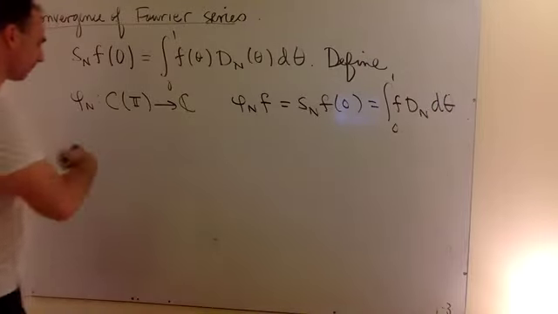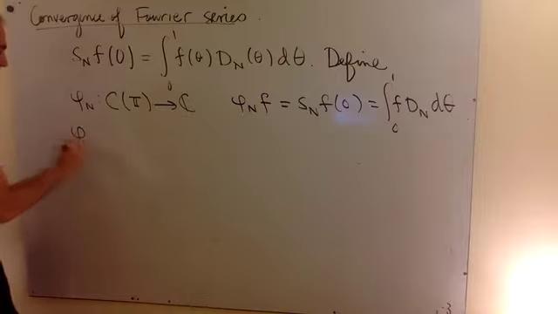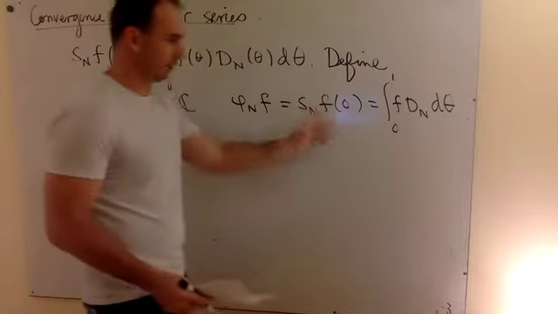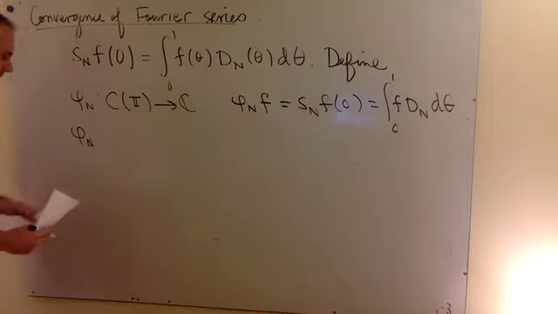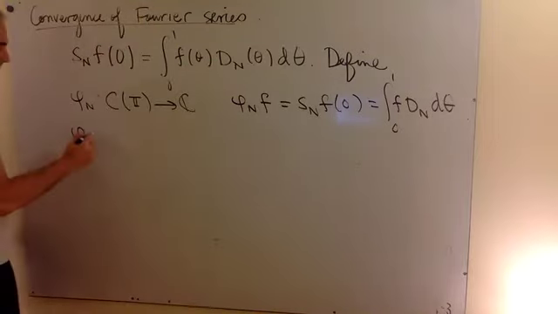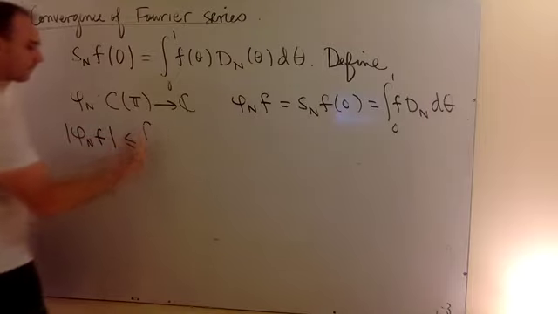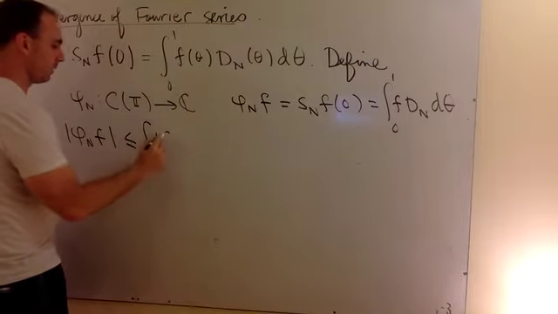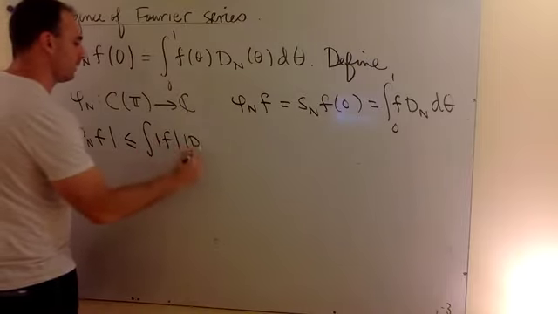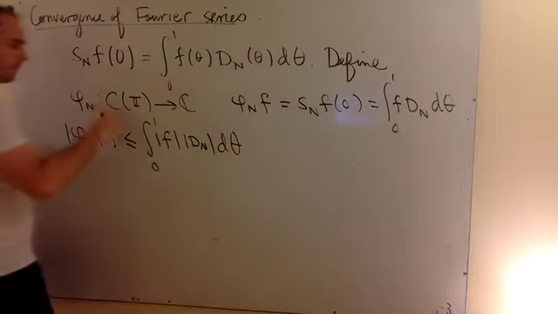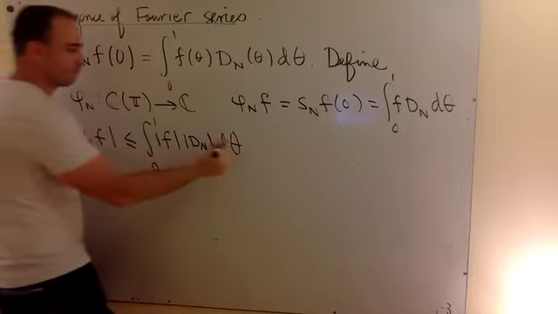All right. Well, phi is clearly a linear function, just by the linearity of the integral or linearity of these sums, however you want to look at it. And moreover, it's a bounded linear operator. And why is that? Well, I can pull this in the integral. And remember, the norm we're putting on this is the L infinity norm.